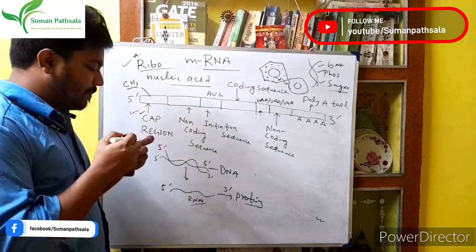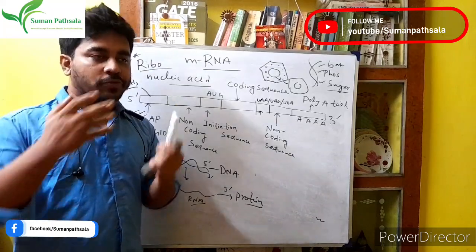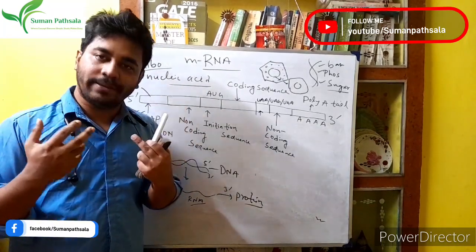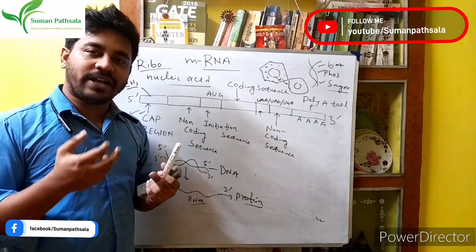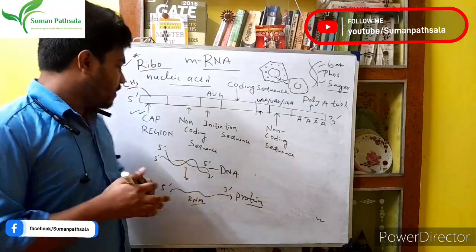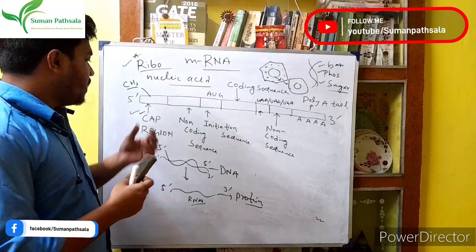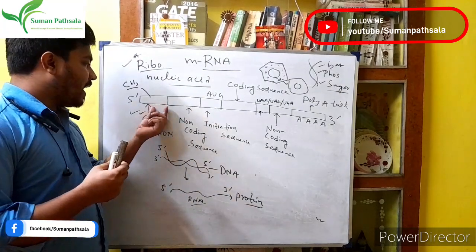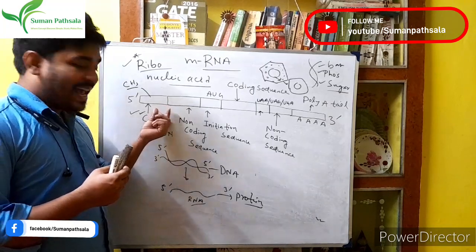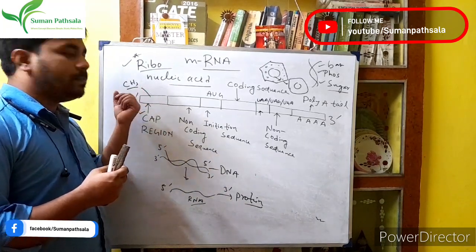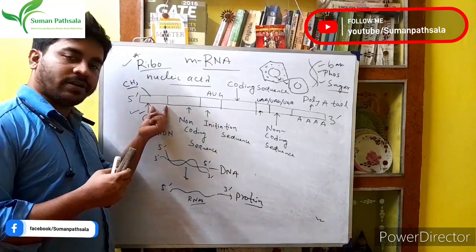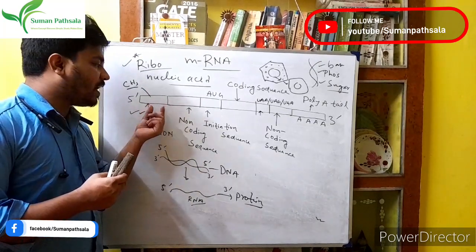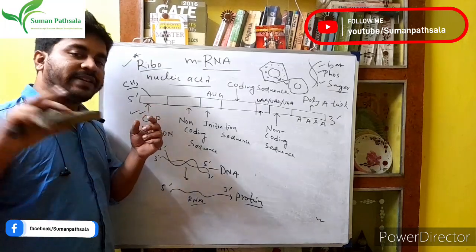Okay, it is the same as us. We all know that for protection we use a helmet during riding, right? In the same way, RNA also protects itself using a cap, and this cap region is called the methylation region, or the methyl group is present in the cap region, and that's why it does not recognize any sequence.